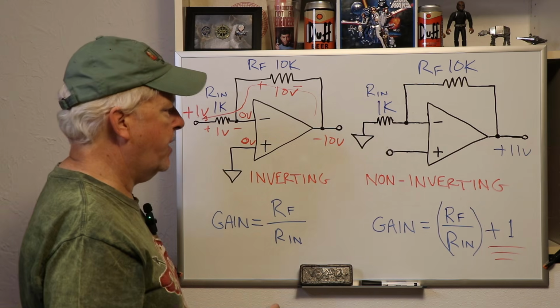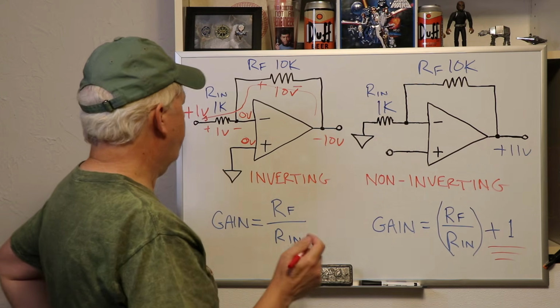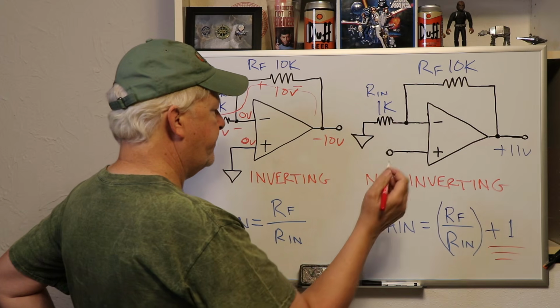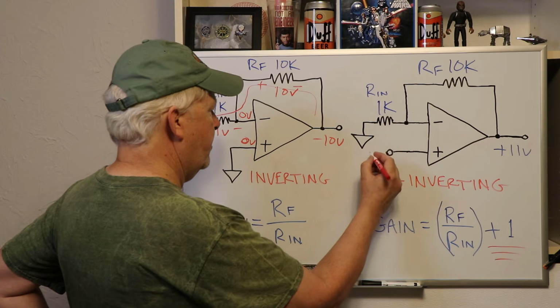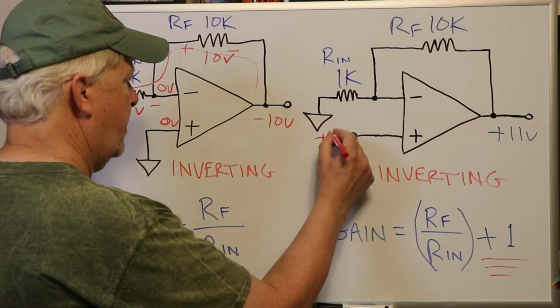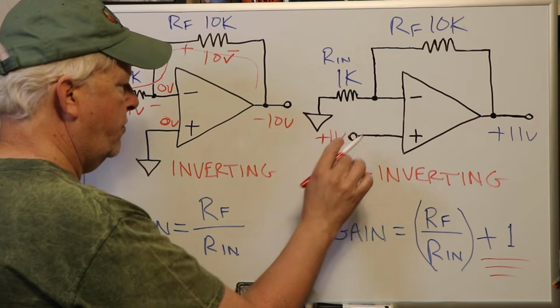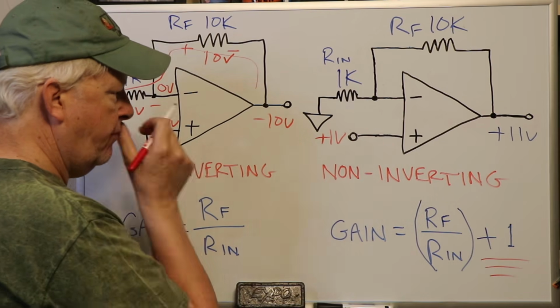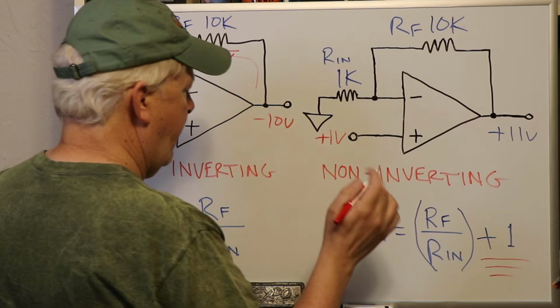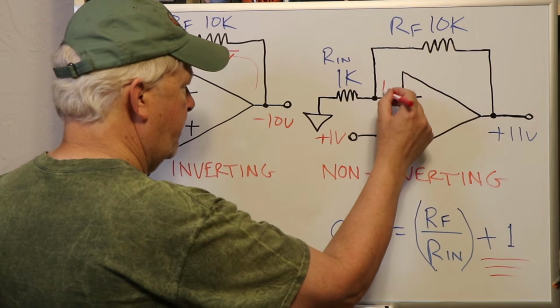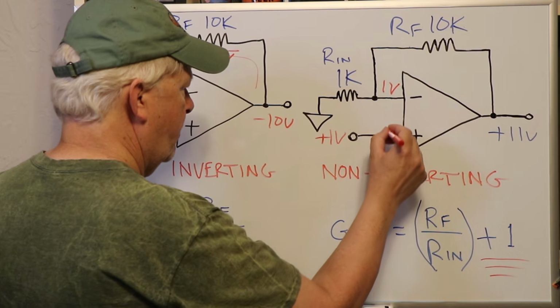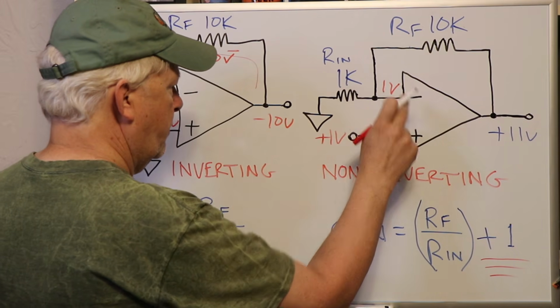The non-inverting amplifier, we step through the same process. We say, okay, 1 volt is applied to our non-inverting input, and that means that we have to have 1 volt.